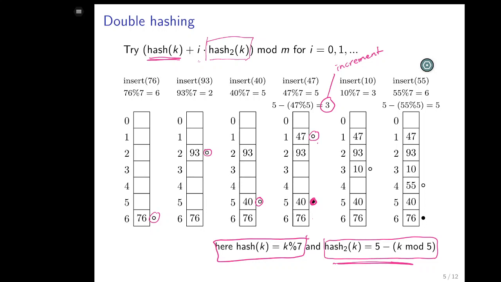Why do we do this? Why would you use a hash function for the increment that's dependent on the key k? Why is that a good idea? Why wouldn't I just have everybody increment by 3? So all keys, when there's a collision, instead of incrementing by 1, increment by 3.